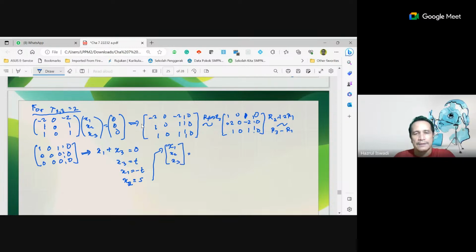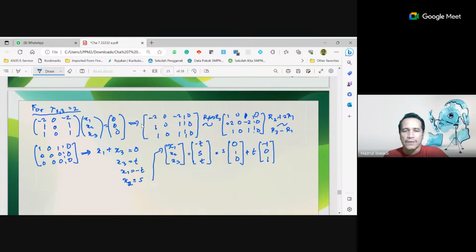We have minus t, s, and t. Then extract the constants s and t. So we have s times 0, 1, 0, plus t times minus 1, 0, and 1.